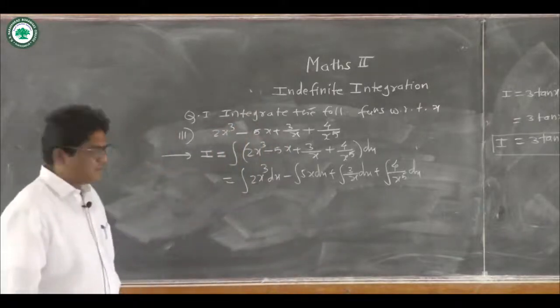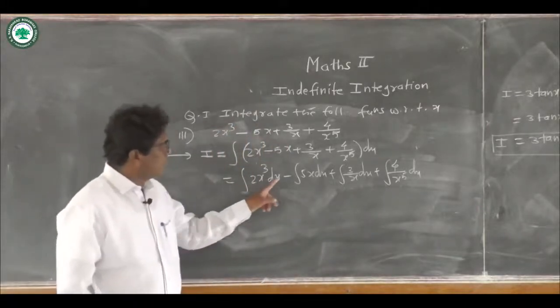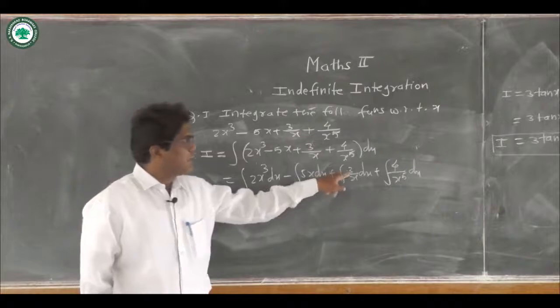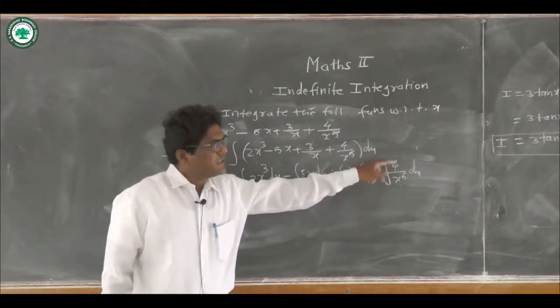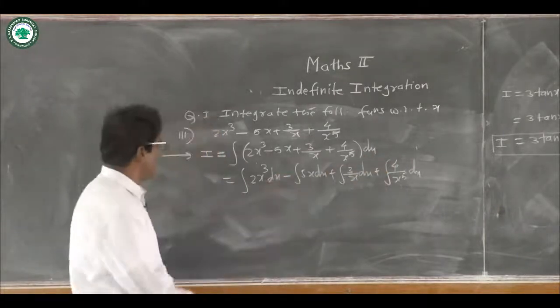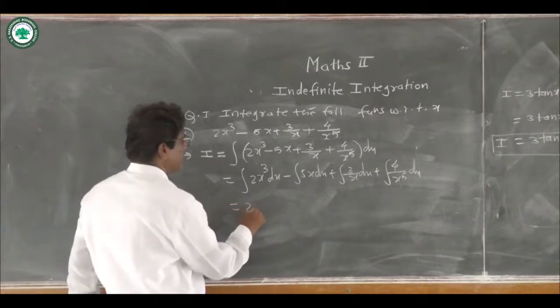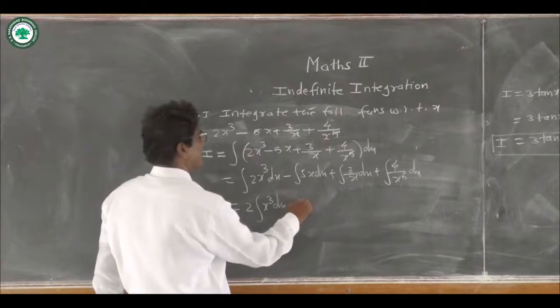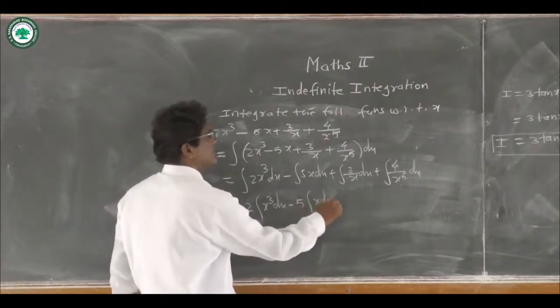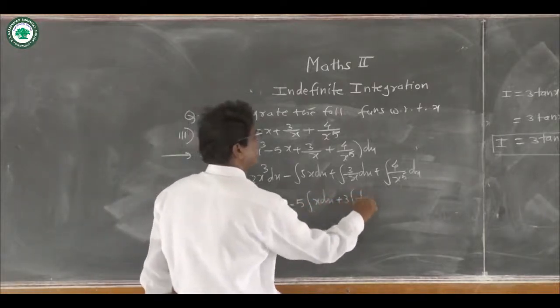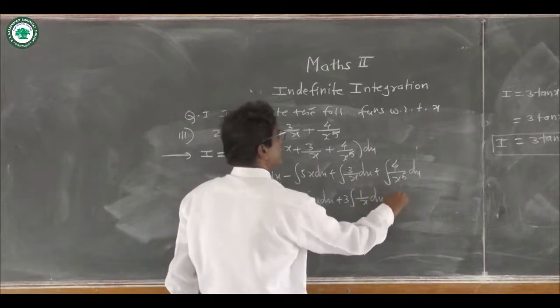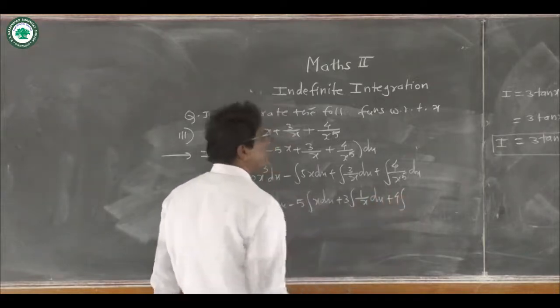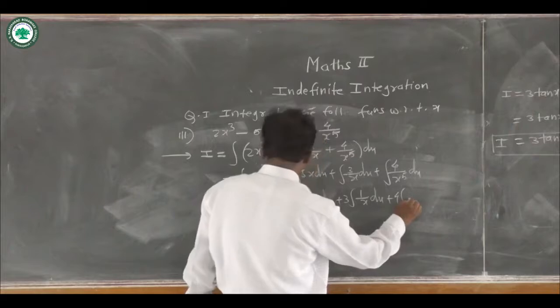Now here 2 is constant, 5 is constant, and 3 and 4 are constants. Take the constants outside the integral, and therefore we get 2 into integration of x cube dx minus 5 into integration of x dx plus 3 into integration of 1 upon x dx plus 4 into integration of 1 upon x to the power 5.